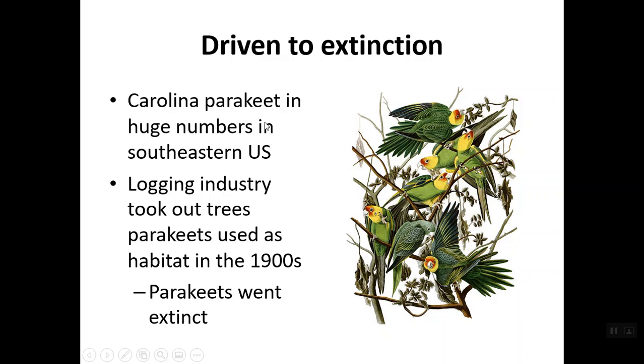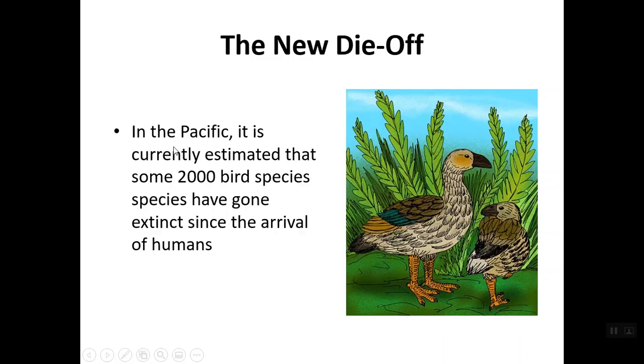The Carolina parakeet is a very famous one. They were very abundant in the southeastern United States, and because of the logging industry and the activity of cutting trees, they lost their habitat basically, and they went extinct, okay, in the 1900s. So this is a very striking example.